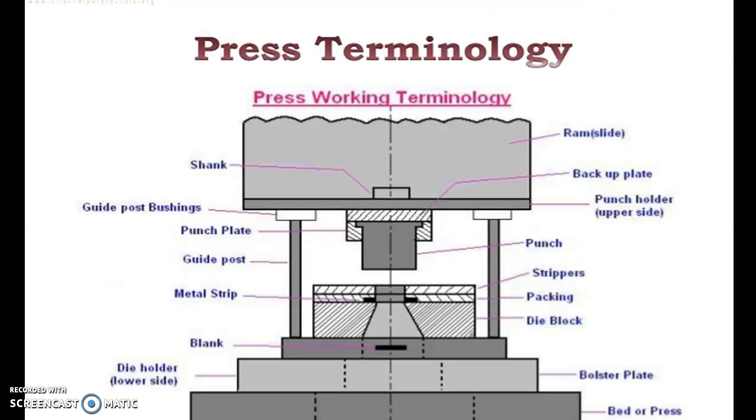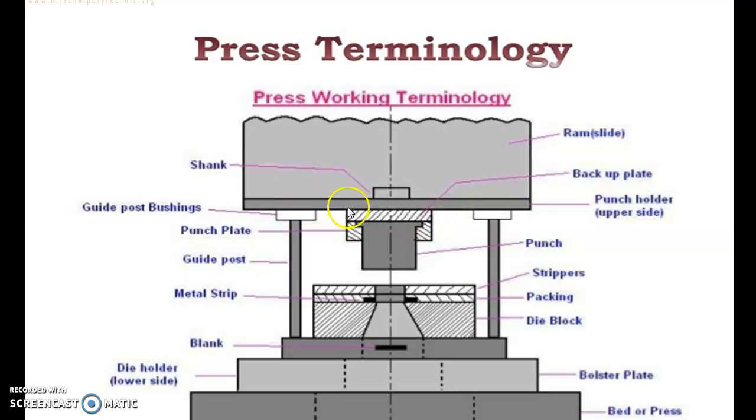So let us discuss press terminology. First of all, we have to identify the press tool. The slide which is shown to you is the tool of a press. Let us visualize the different parts of a press tool.